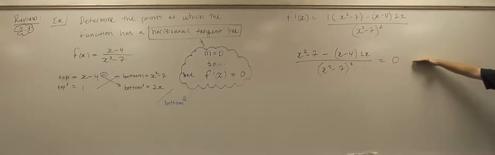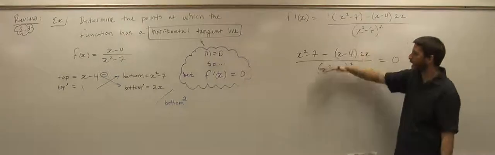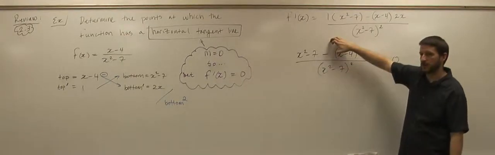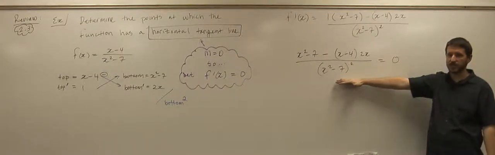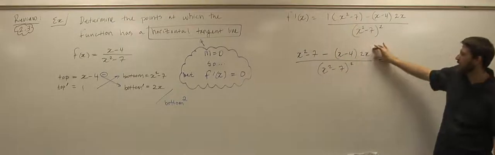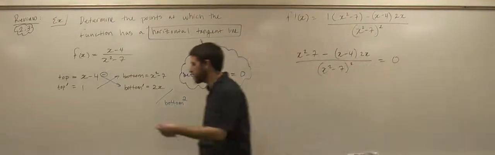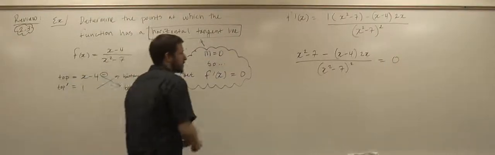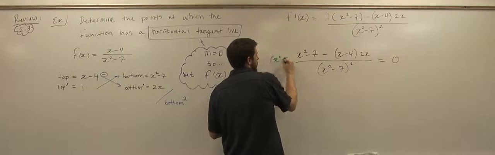We said the top equals 0. There are 2 ways to think about this. One way is a fraction is only 0 when the top is 0. You cannot make a fraction 0 by making the denominator 0, because that just makes it undefined. So you can make a simplifying assumption right away: the top has to be 0. The other way is a more algebraic way. To solve this equation, you can multiply both sides by x squared minus 7 squared.